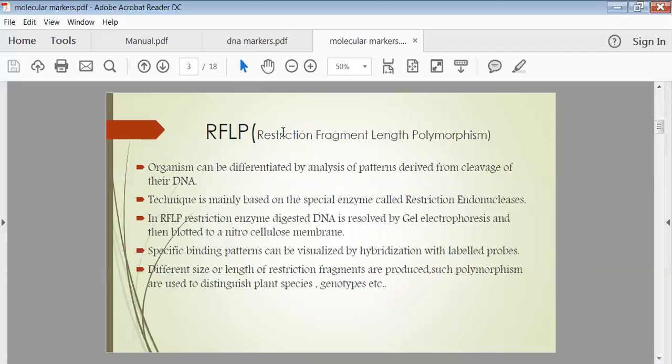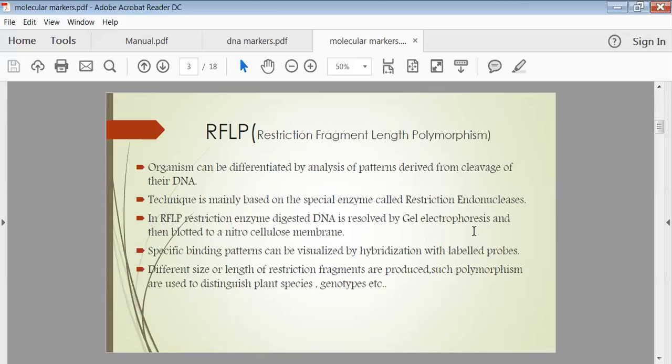Restriction enzymes are required which can cut the DNA, and based on the cuts, DNA fragments are produced. Based on the sizes of the DNA fragments, the polymorphism will be detected. The restriction enzyme digested DNA is resolved by gel electrophoresis. You can use agarose gel or even polyacrylamide gel.